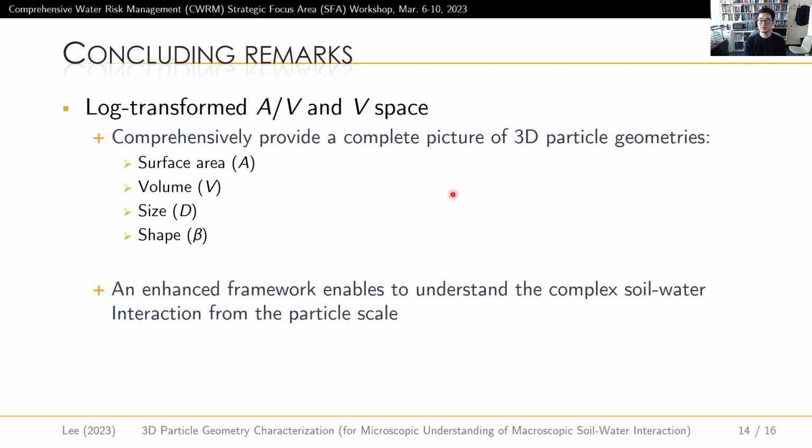Just to conclude, this is a new approach based on log-transformed A over V and V space, which comprehensively provides a complete picture of 3D particle geometry: the surface area, volume, size, and shape. And hopefully, this will help us better understand complex macroscopic problems from the fundamental particle scale.